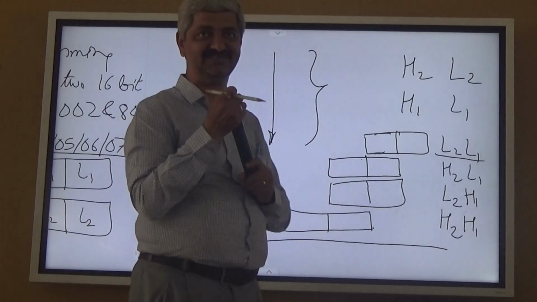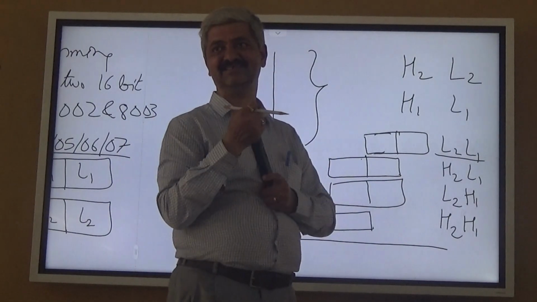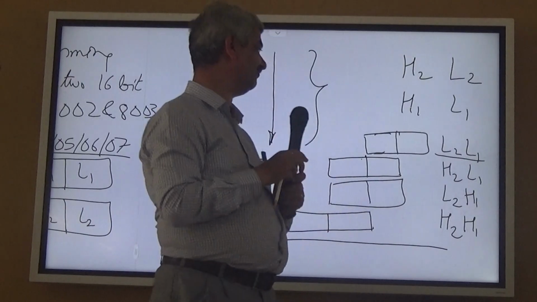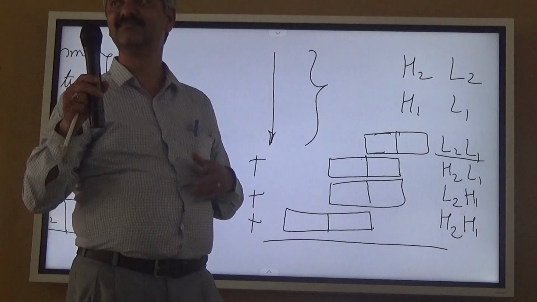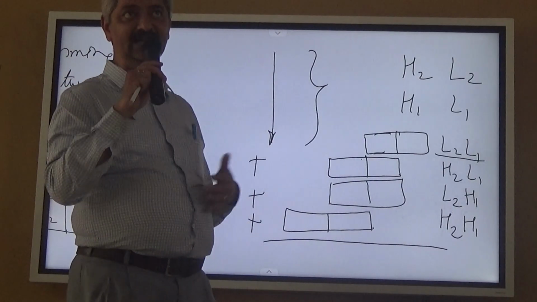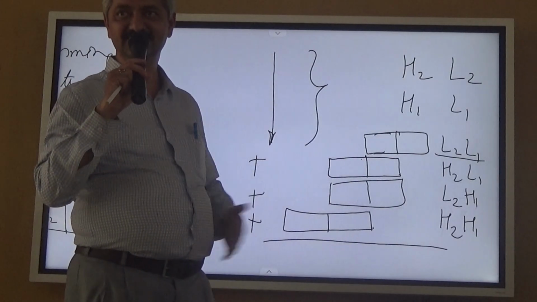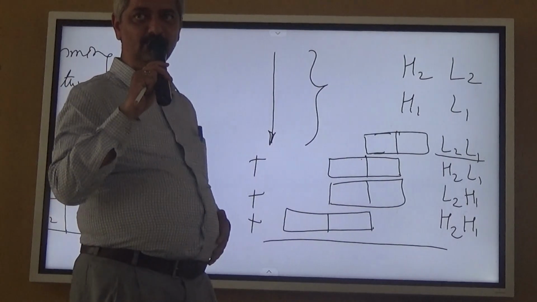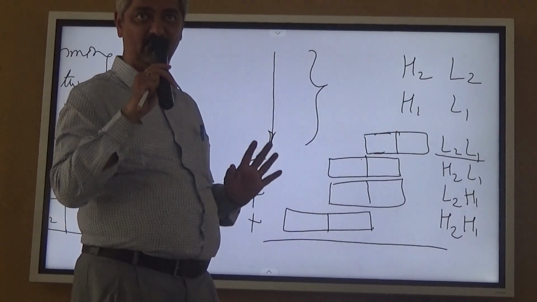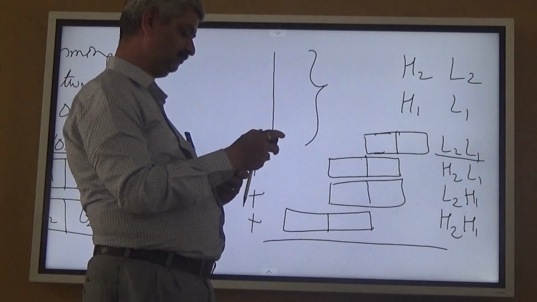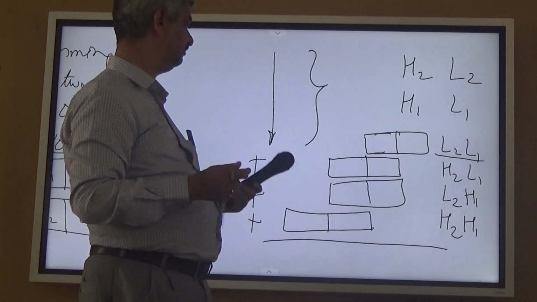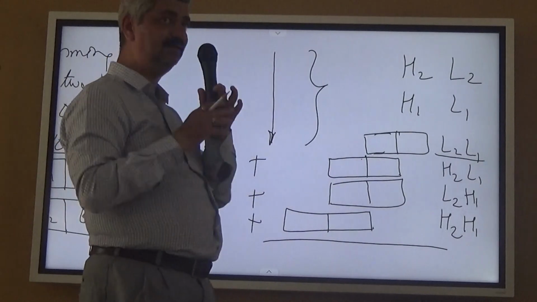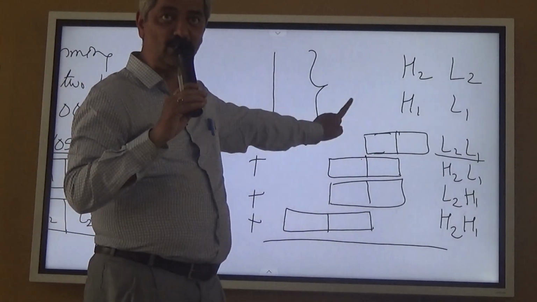How will you do that? Eight times. We have to use DAD effectively because things are 16-bit. How to do that? Is the question clear? No rocket science.